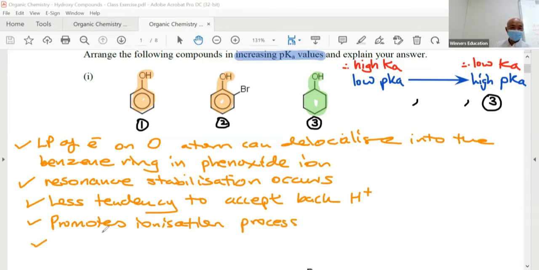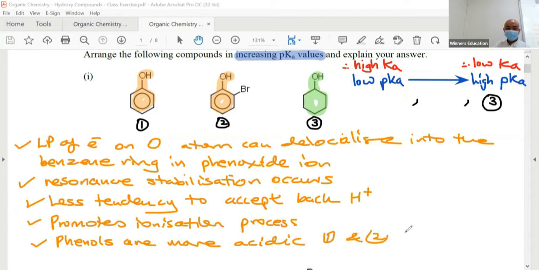Which also means, therefore, they are more acidic. I.e., 1 and 2 are more acidic than 3. Okay? So 3 is right behind in my arrangement, having the higher pKa.